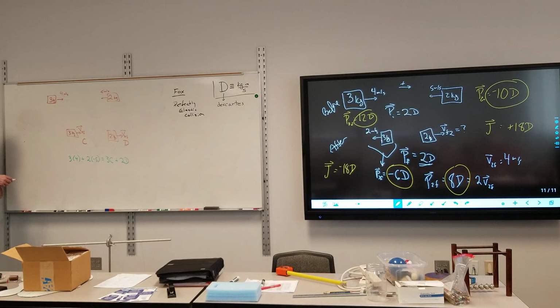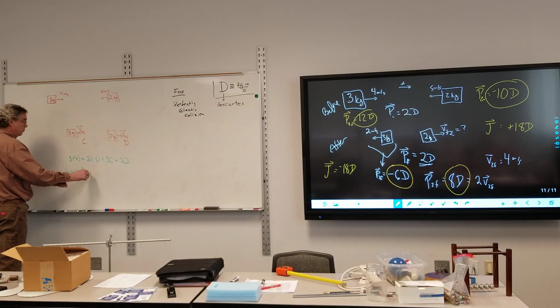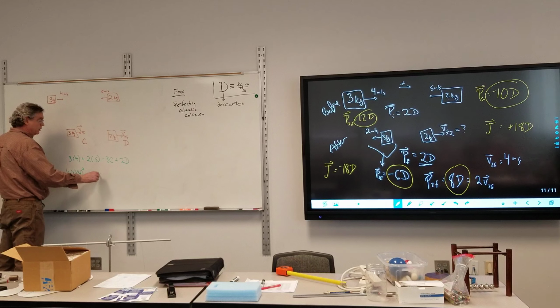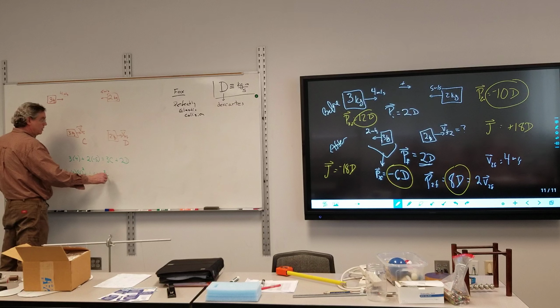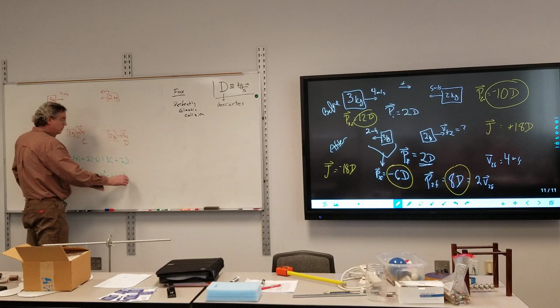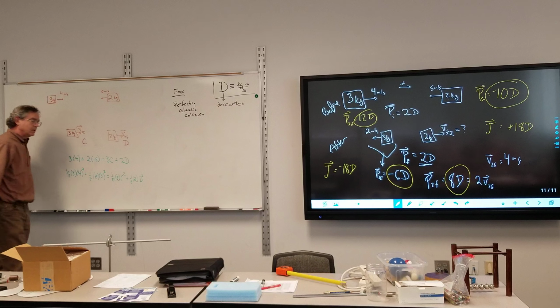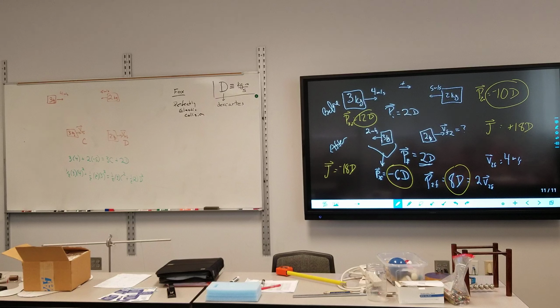My second equation, I know kinetic energy is conserved. So that's 1/2 times 3 times 4 squared plus 1/2 times 2 times 5 squared equals 1/2 times 3 times C squared plus 1/2 times 2 times D squared. I have two equations, two unknowns.